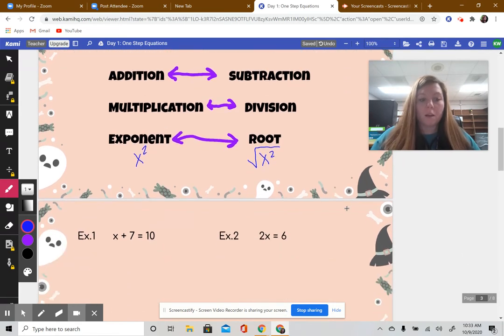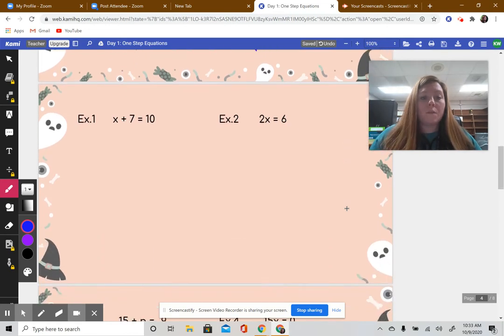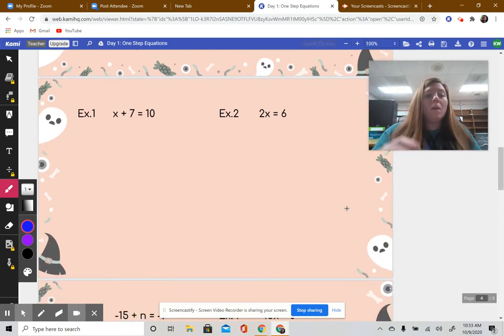Good. All right. So let's do our first 2 examples. I know it seems a little babyish, but it really does help. Even when I teach Algebra 2 honors, what you guys would take in 11th grade, I still encourage my students to draw a river.